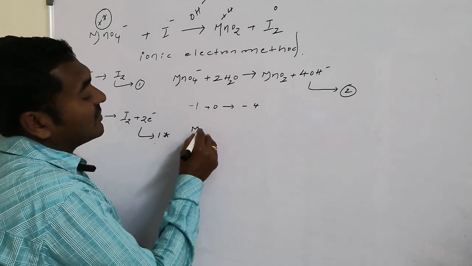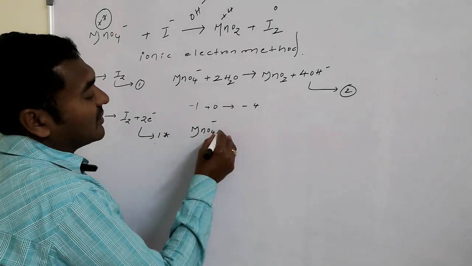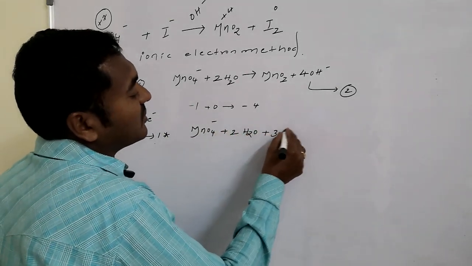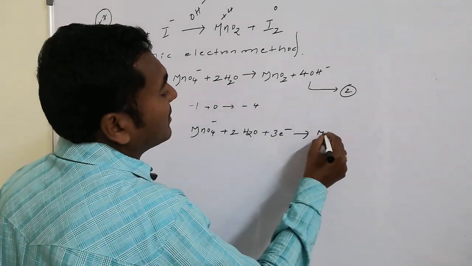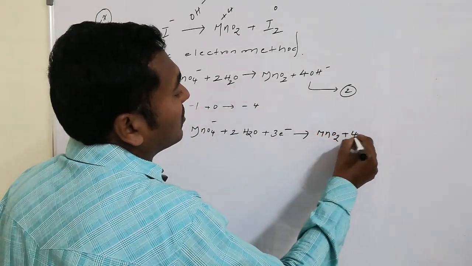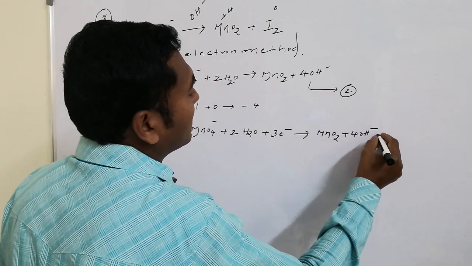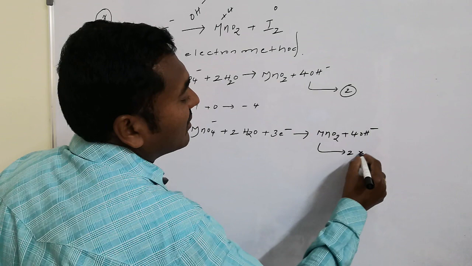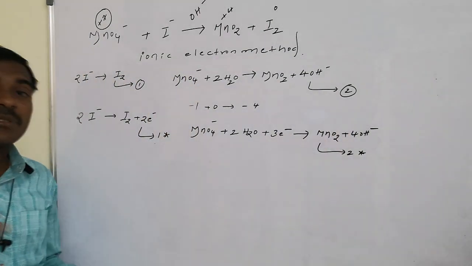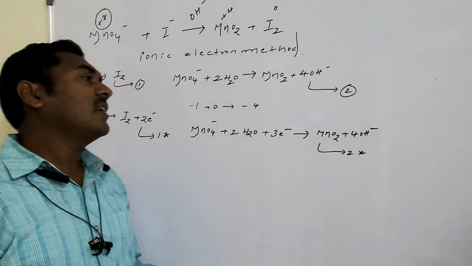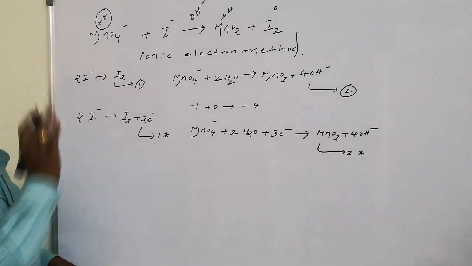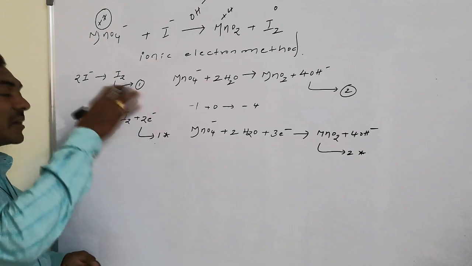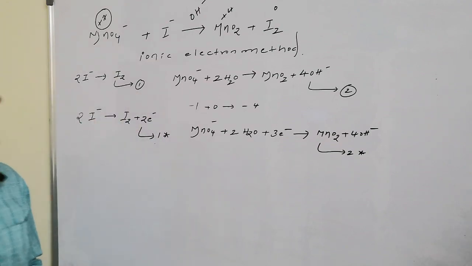So the net charge is also taken into account. In terms of charge, the balance is possible if this system takes 4 electrons. This I am calling the complete balanced equation, not only in terms of atoms but also in terms of electrons. Now 1 is balanced in terms of atoms, and 1 star is balanced not only in atoms but also in electrons.